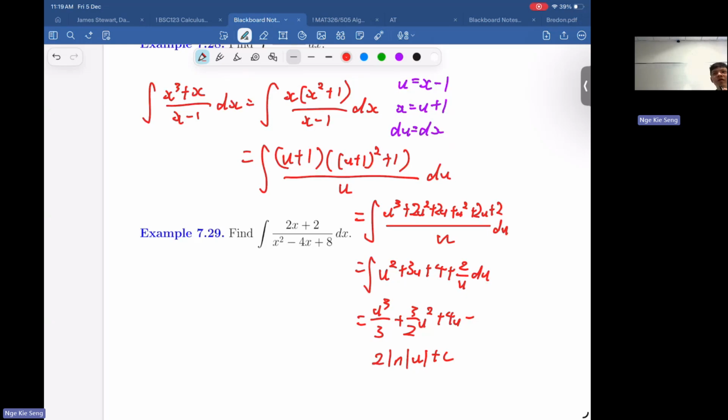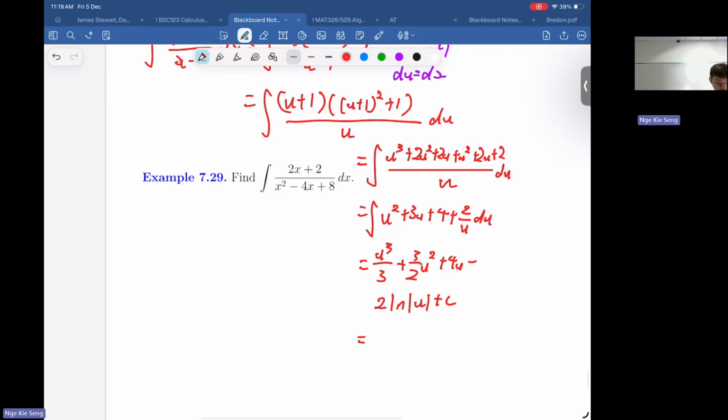So make sure you substitute back your x. So your u is x minus 1 cubed over 3, plus 3 over 2 times x minus 1 squared plus 4 times x minus 1 plus 2 times ln of absolute value of x minus 1, plus c. That's it.